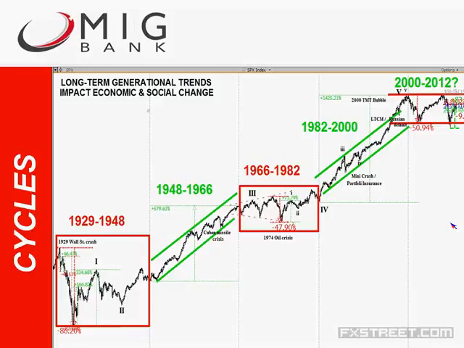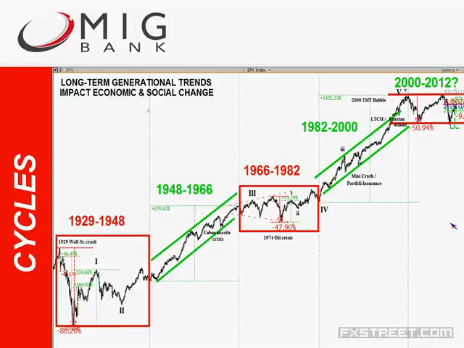And you can see there that most recently, the bearish long-term cycle that most of us are already thinking we're in started in 2000 in the technology crash, and some people believe will extend into 2012, maybe slightly longer. And of course, during that time, we had the technology crash, and then more recently in 2007, we had the financial crash.